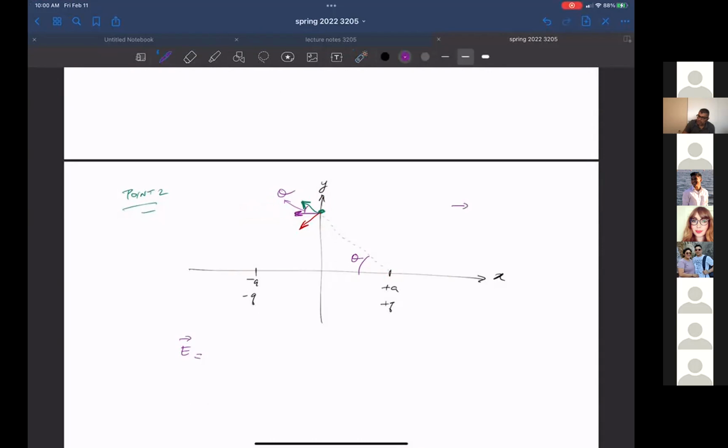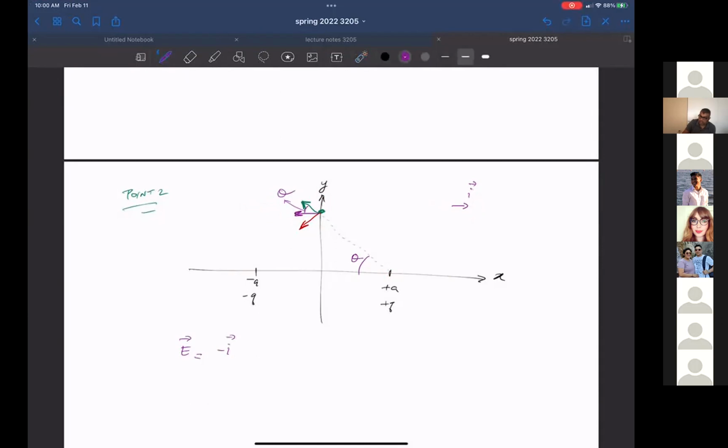Earlier I defined i as pointing in that direction, so the vector direction is going to be minus i, the unit vector pointing in that direction.